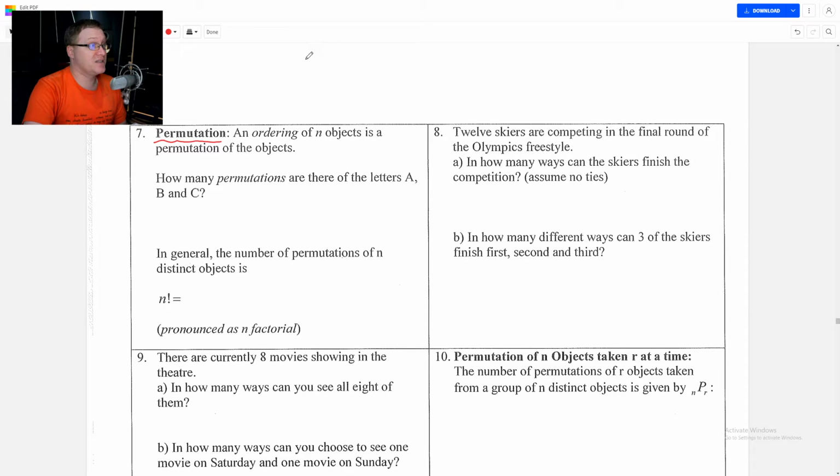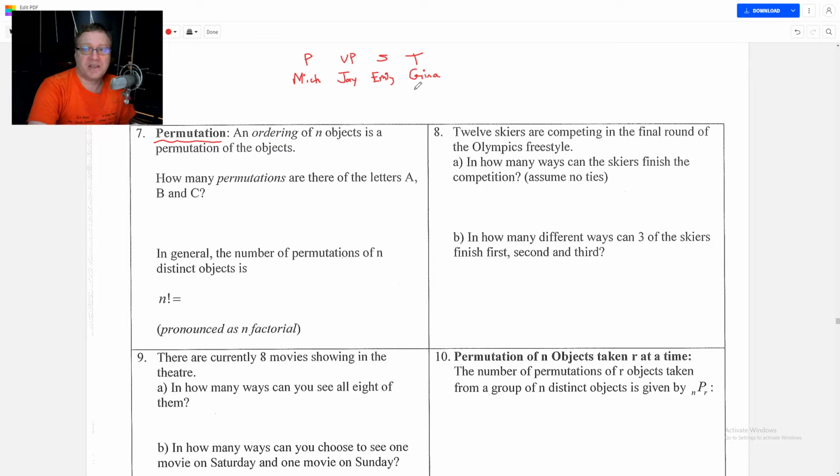Let's write president, vice president, secretary, and treasurer. Let's say our president is going to be Michael, and our vice president is Jay. Our secretary is Emily, and our treasurer is Gina.